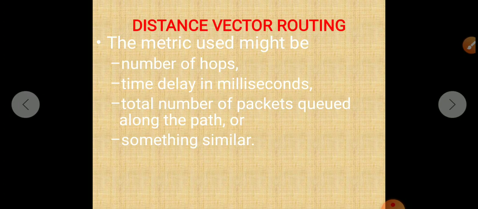Packets can reach the destination through multiple routes, but once they reach the destination, the sequence number is useful to rearrange them. That purpose is also used, and that is also one metric used in distance vector routing.